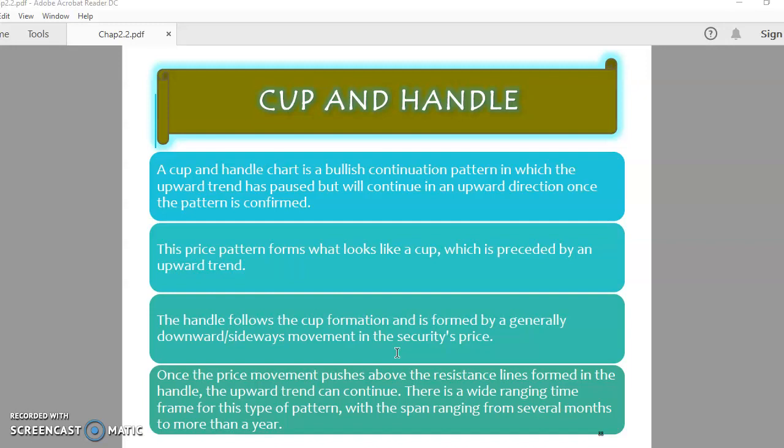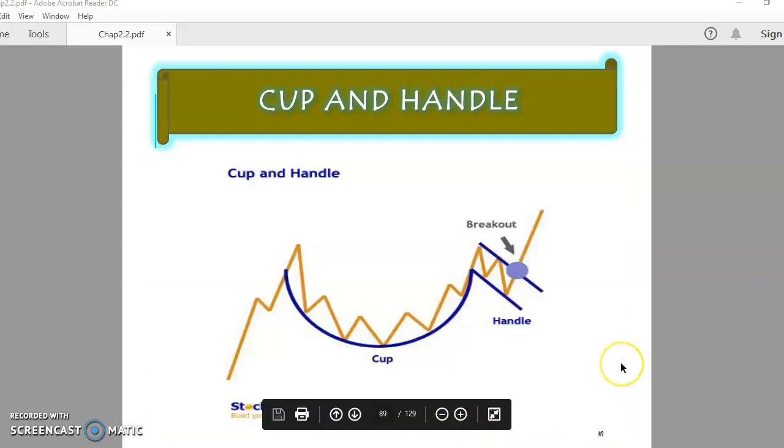Okay, so the price pattern forms what looks like a cup, which is preceded by an upward trend. Normally we can only see this pattern for a medium to longer time frame. As we mentioned here, it may take several months to several years.